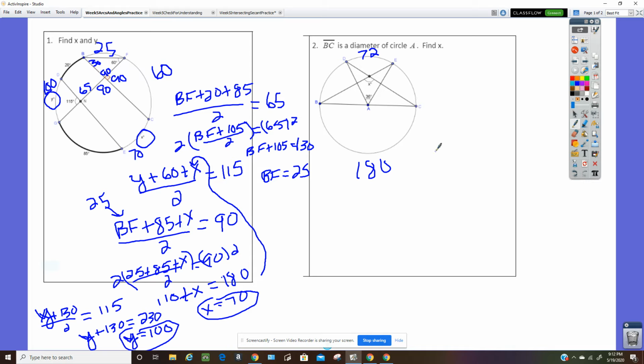So to find x, it's 180 plus 72 divided by 2. So I have 252 divided by 2. So we get 126.